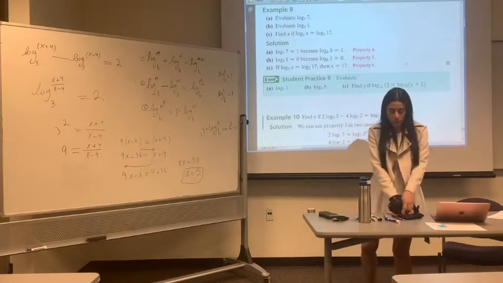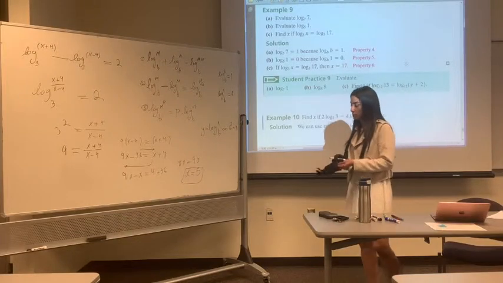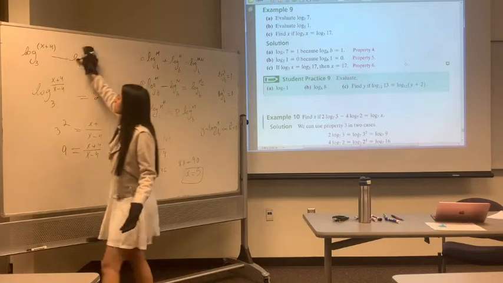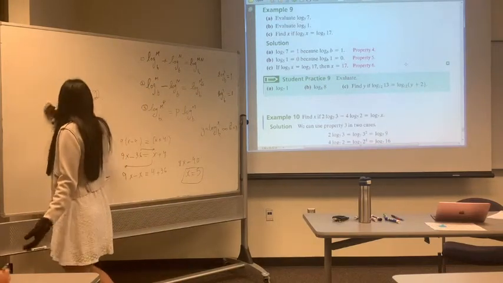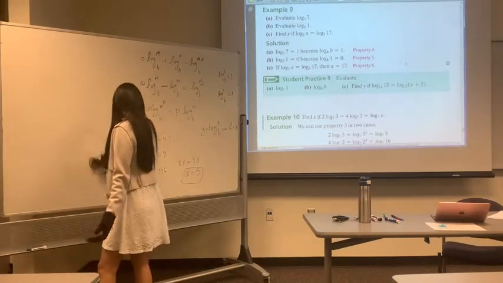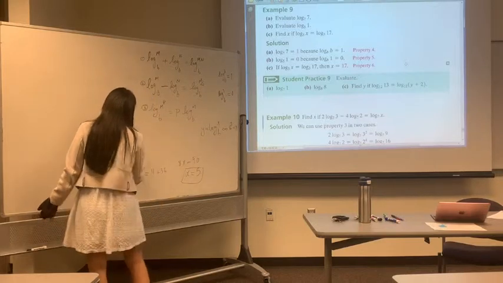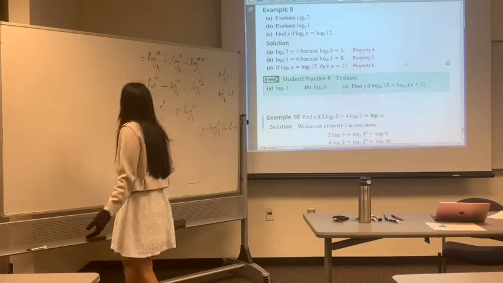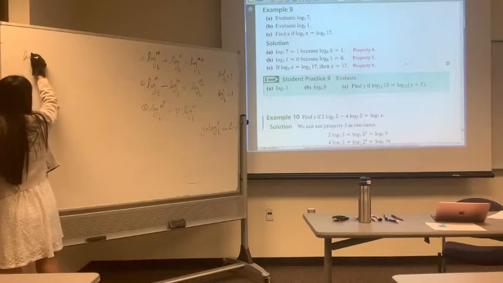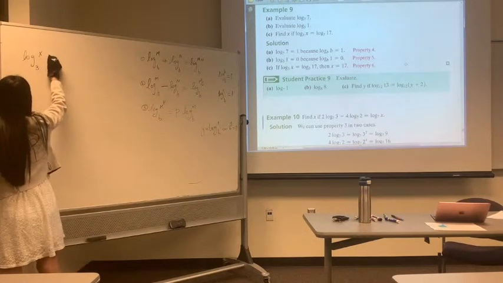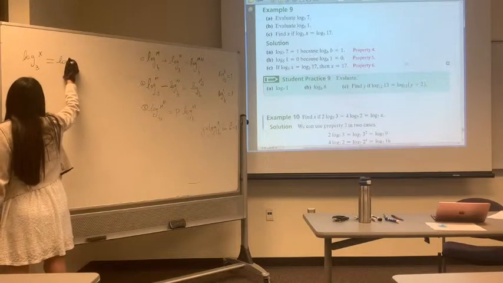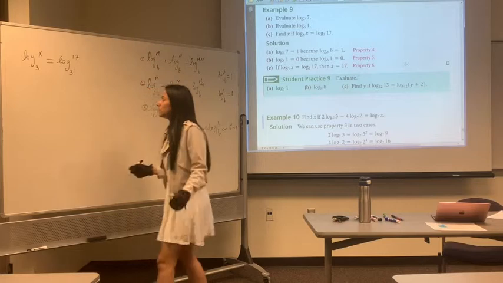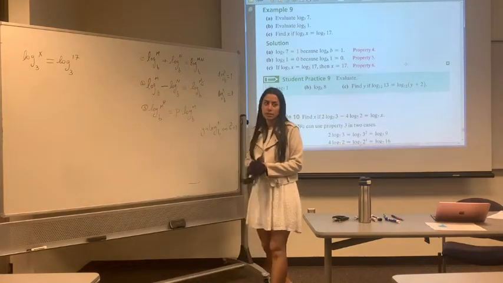Then it says find x if log x base 3 is equal to log 17 base 3. Okay, let us find this. Well, kind of obvious, huh?